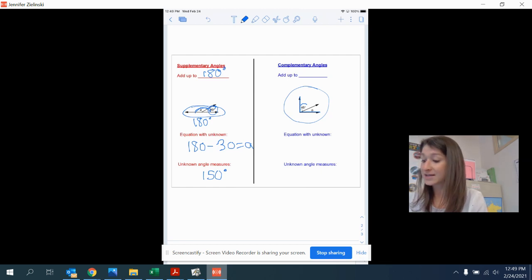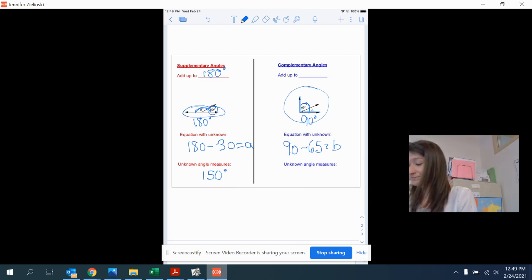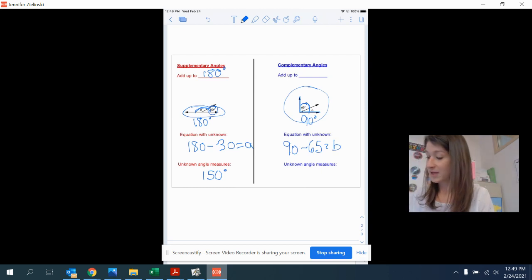Well, since this is a 90-degree angle total, let's use what we know, and we can subtract that. And when we subtract 90 minus 65, we get 25 degrees. So complementary angles add up to 90 degrees.